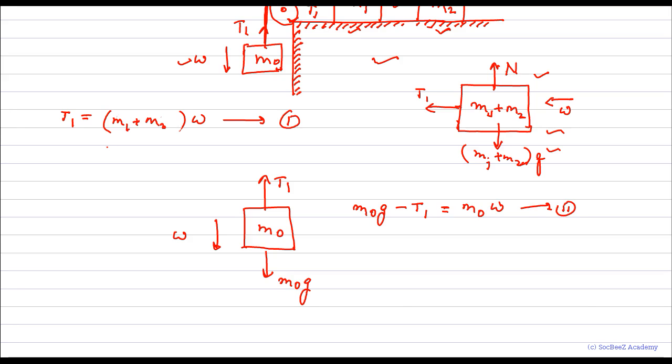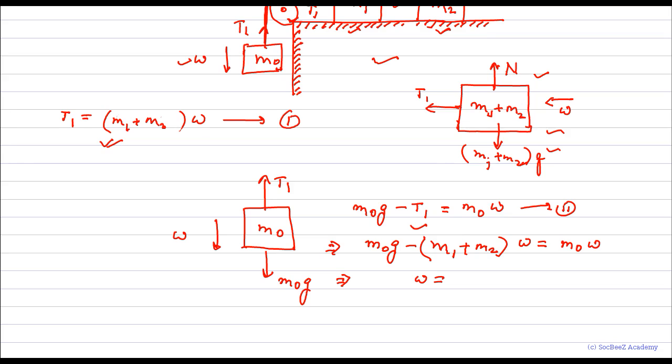From equation 1, I can replace T1 in this expression. This gives me m naught into g minus (m1 plus m2) into W equals m naught into W, which on solving will give me the acceleration with which the mass m naught moves downwards as W equals m naught g upon (m1 plus m2 plus m naught).